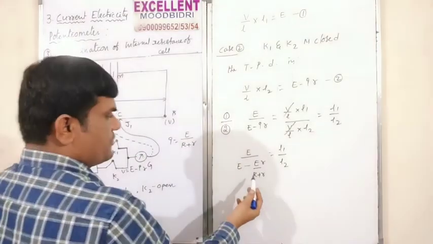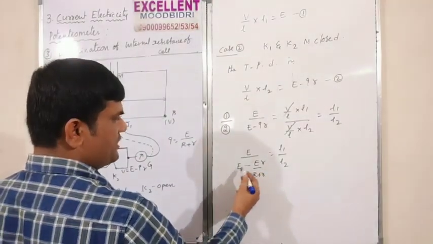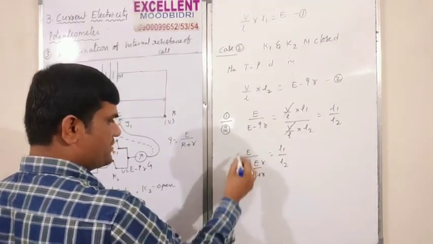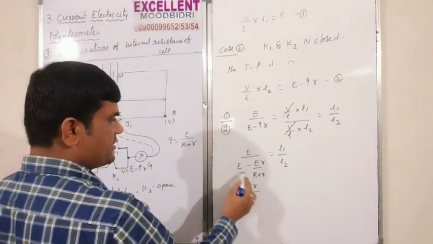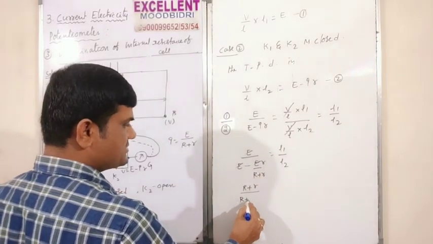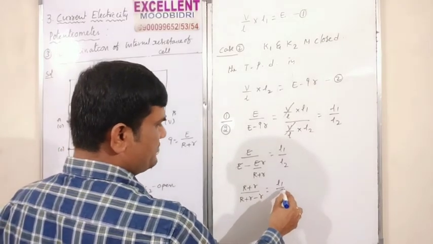Now what is common here? E gets cancelled. Taking the LCM, R plus r in the numerator, R plus r minus r is equal to L1 by L2.